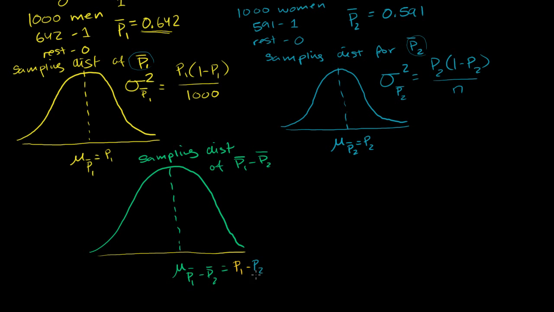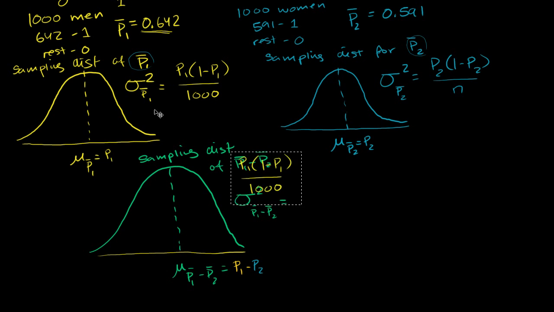And the variance of this distribution, P1 minus P2, just like this, is going to be the sum of the variances of these two distributions. So it's going to be this thing over here. I'll just copy and paste it.